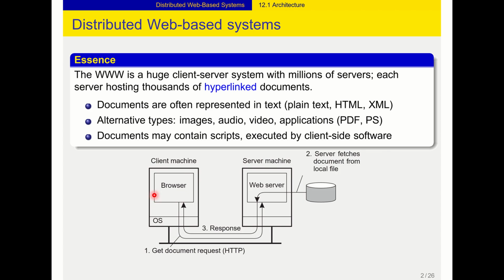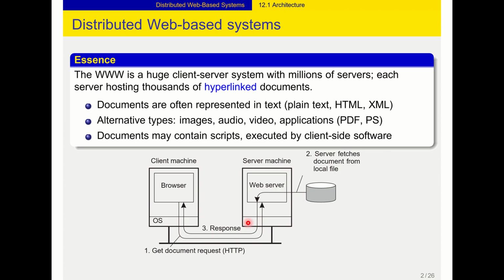The browser on the client machine creates an HTTP request, and this request is usually triggered when the user types some URL of the website or clicks any link. The request is passed to the operating system, which sends it over the network to the web server.